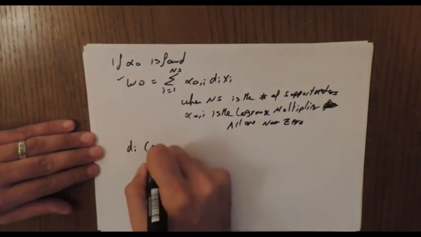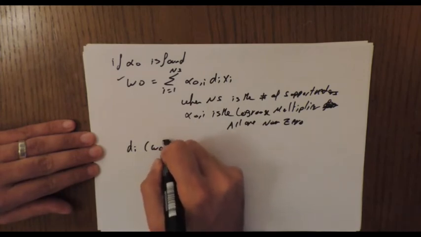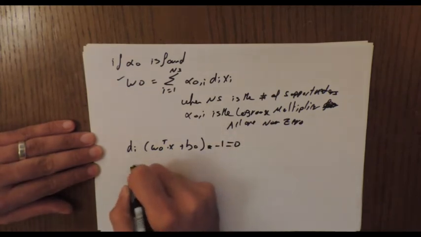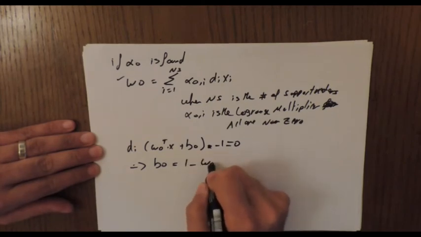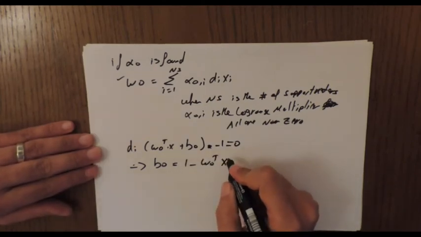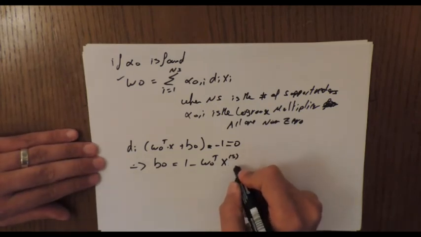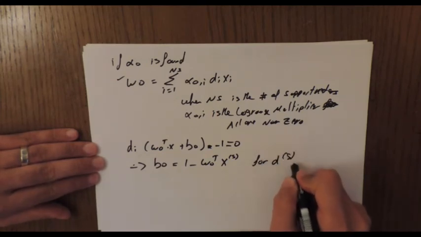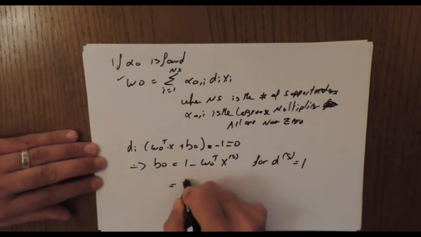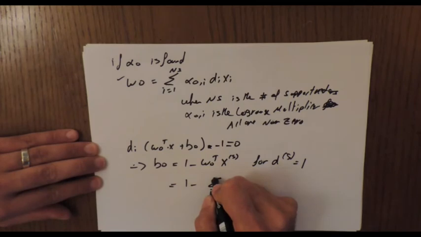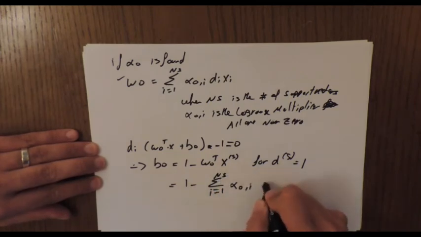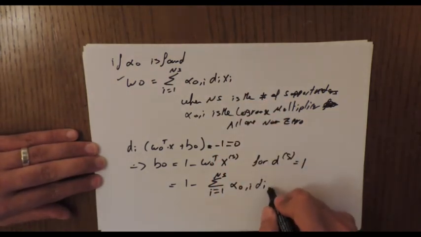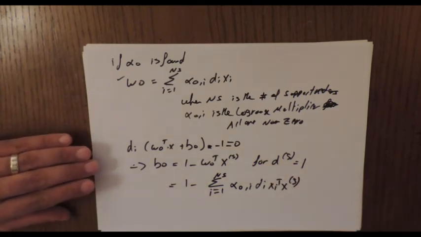So we have d_i times (optimal weight transpose x plus b_0) minus 1 equals 0, which implies b optimal equals d_s minus w optimal transpose x_s, where x_s denotes the support vector for d_s equals 1, which implies 1 minus the summation i equal 1 to Ns of alpha_0i d_i x_i transpose x_s, where s is the support vector.